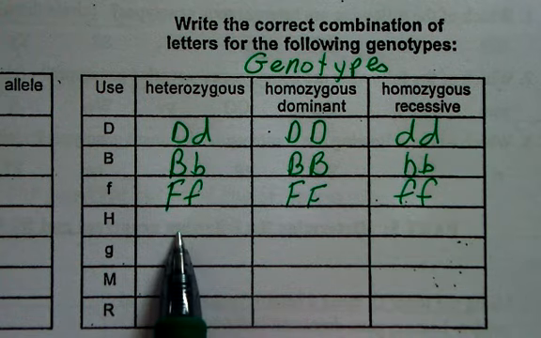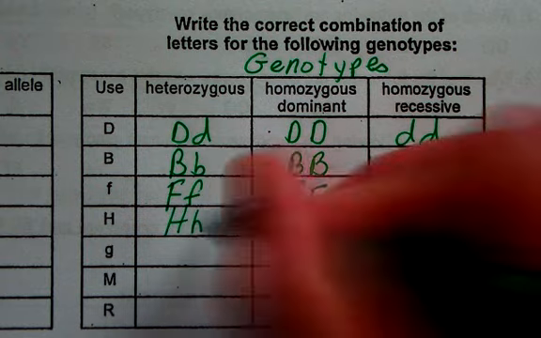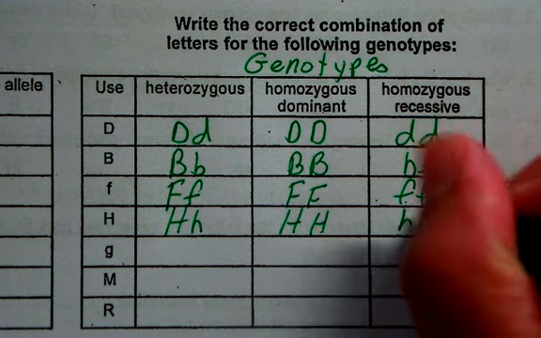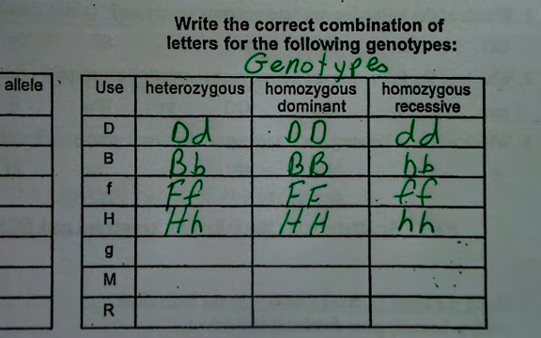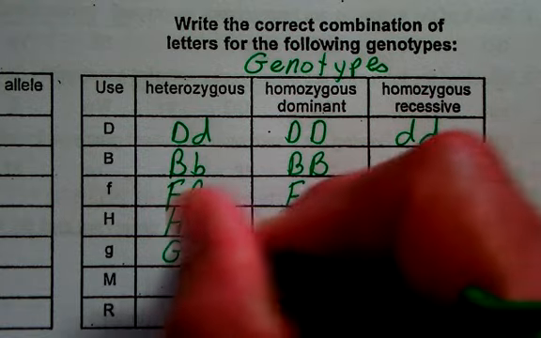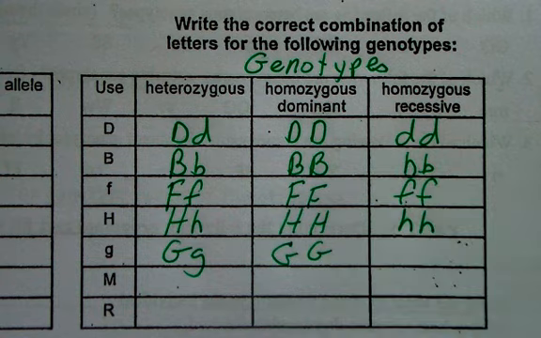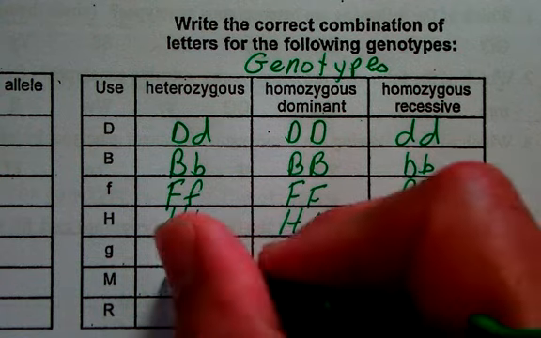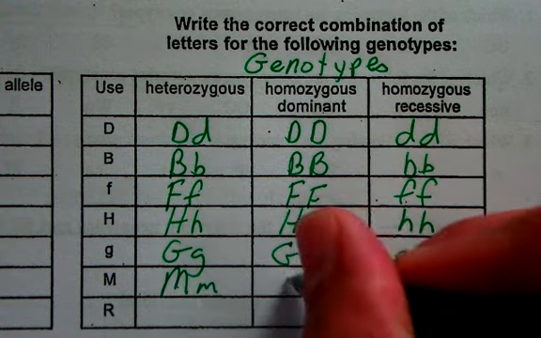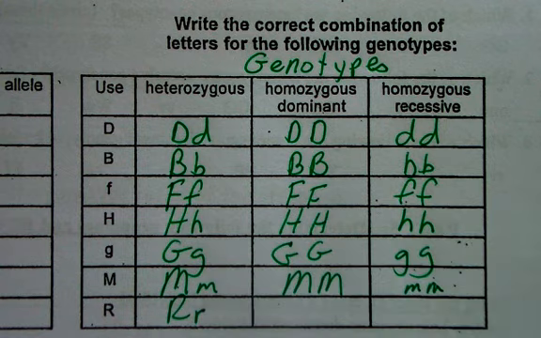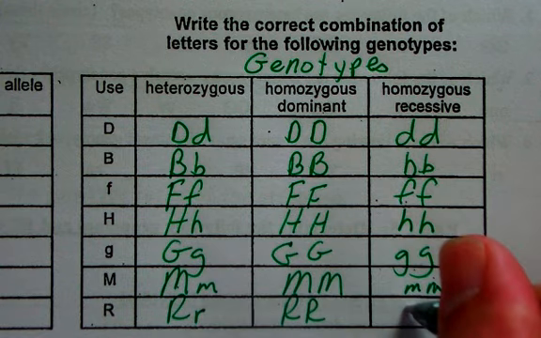Using H's, heterozygous, uppercase, lowercase, homozygous dominant, two uppercase letters, homozygous recessive, two lowercase letters. Using the letter G, heterozygous is like that, homozygous dominant, two capitals, homozygous recessive, two lowercase, and then we can go on and do the rest like that.